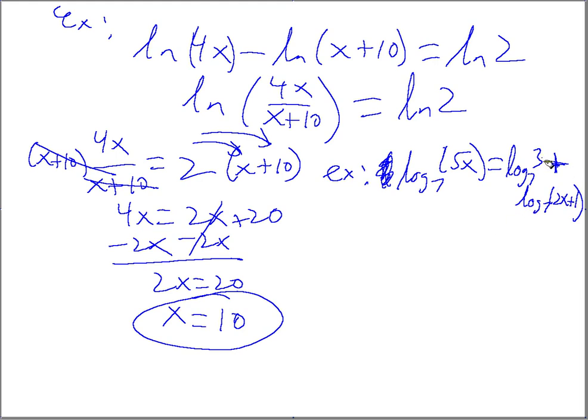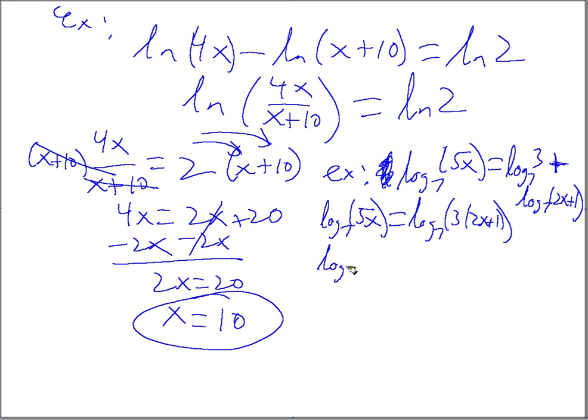But again, plus means what? We can multiply these things together, right? Multiplication, product rule. So this is going to be log base 7 of 5x equal to log base 7 of 3 times (2x plus 1). Can we see that? All right, using the product rule.